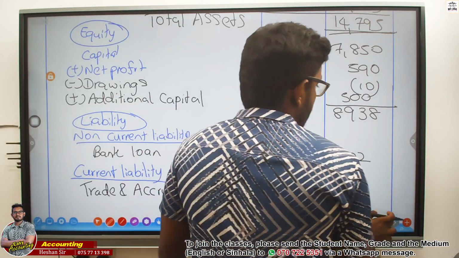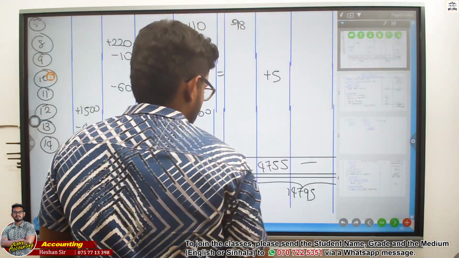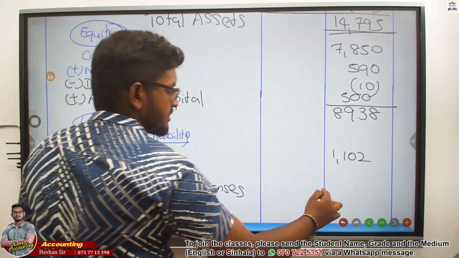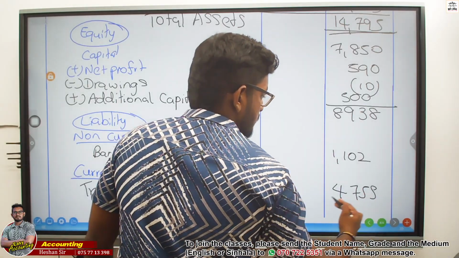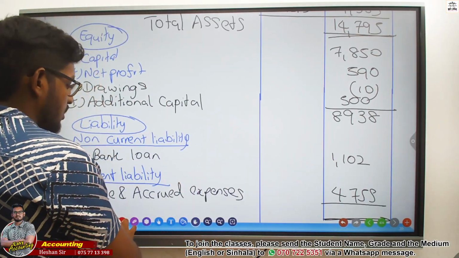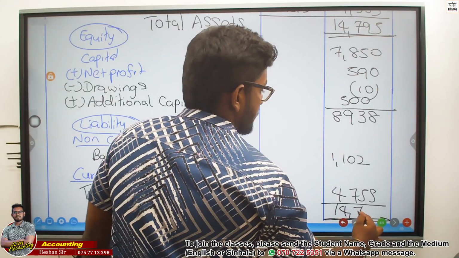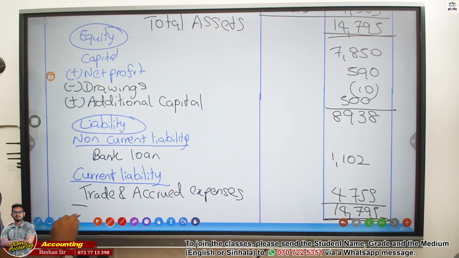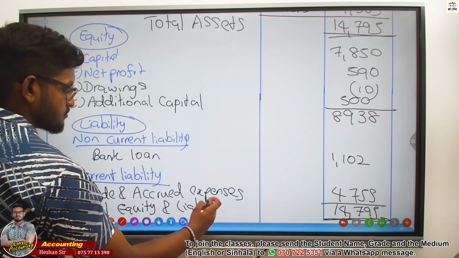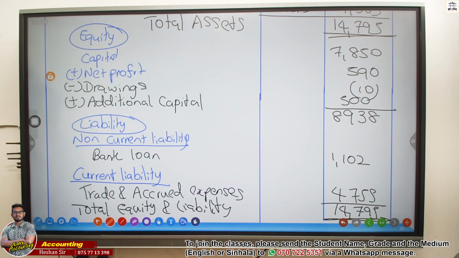It's how much? 4,755. That's the only thing. So if you get the total of these things, you get the same answer, 14,795. This is total equity and liability.